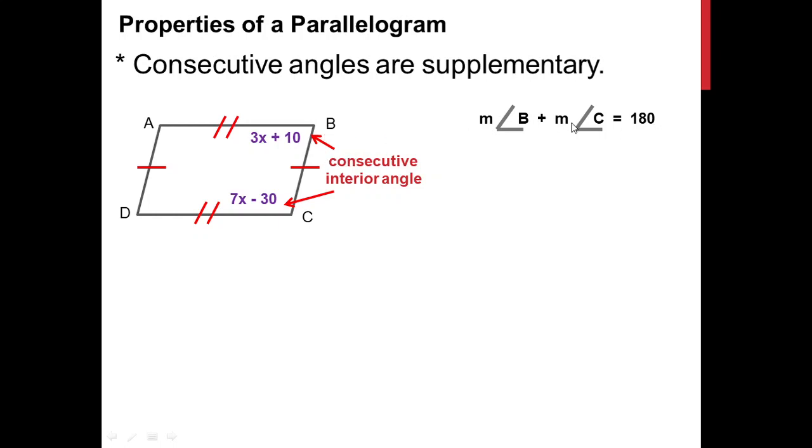So angle B plus angle C is equal to 180 degrees. If angle B is equal to 3x plus 10, adding it with angle C, which is 7x minus 30, they should equate to 180. Now from here, again, this is basic algebra.